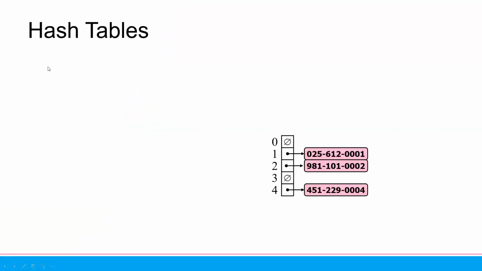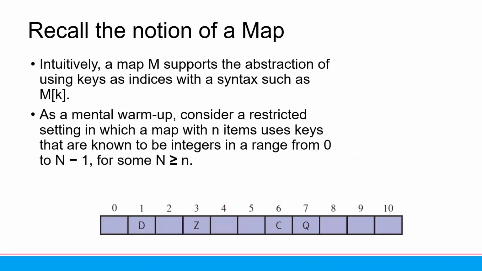Hash tables. What is a hash table? Based on the definition, a hash table is a kind of data structure that we can use to put all the information in a very limited space of storage. So let's see this one.